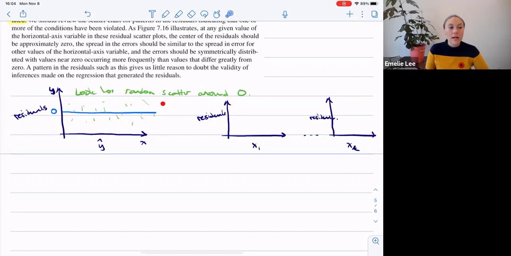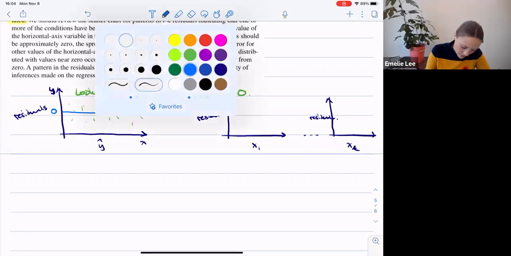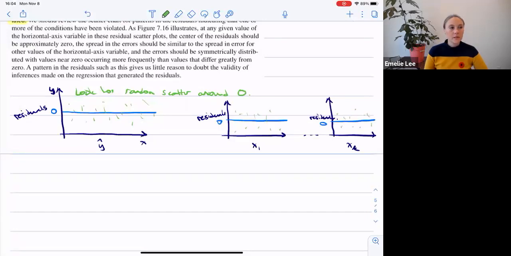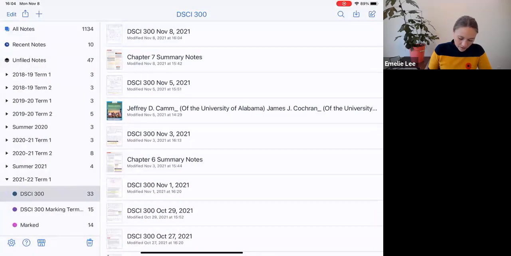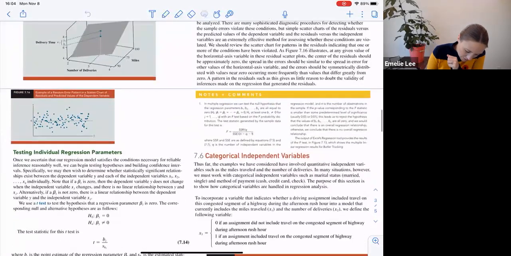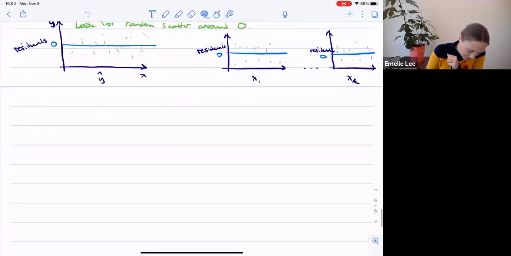You look for random scatter around 0. Again, you typically have a line at 0, and you want to look for random scatter around 0. Once you've confirmed that you're satisfied with how the residuals are behaving, here I've got a fancier version of the same thing.